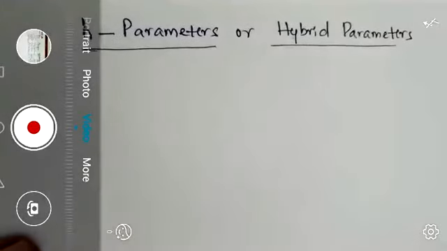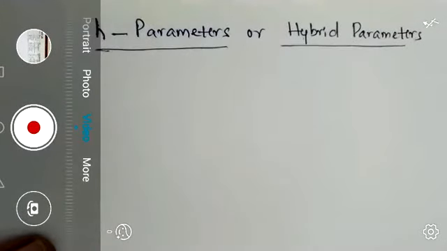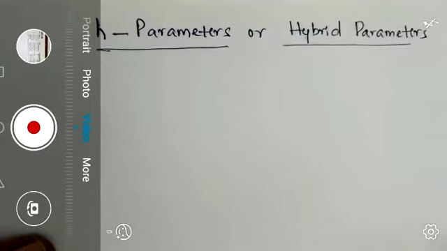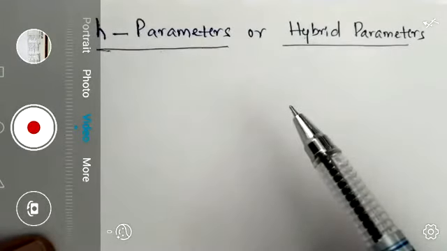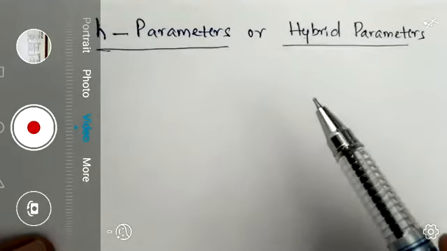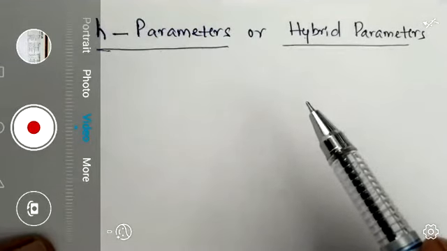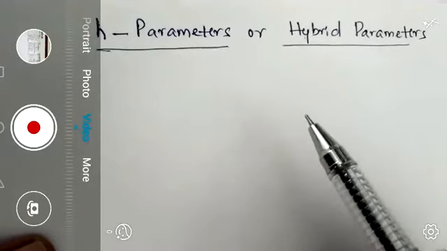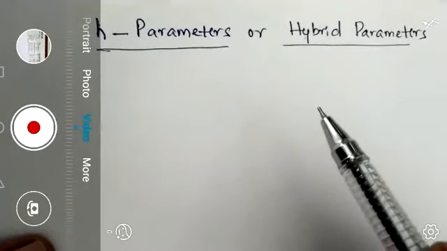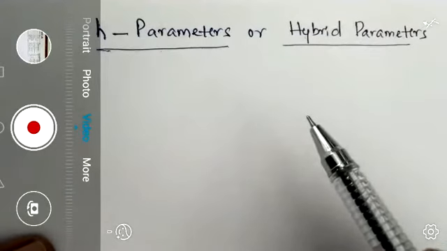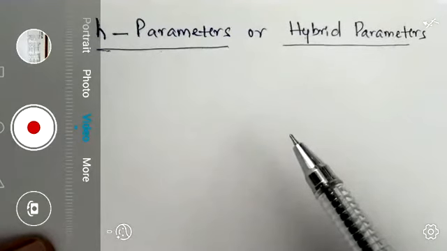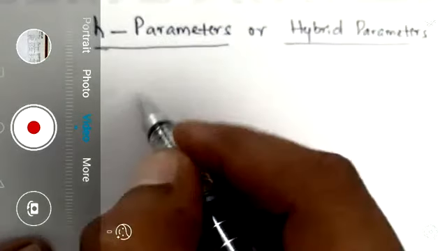So these parameters are obtained by expressing the voltage at the input port and the current at the output port in terms of the current at the input port and the voltage at the output port. I mean to say that I1 and V2 are independent variables, while current I2 and voltage V1 are dependent variables.